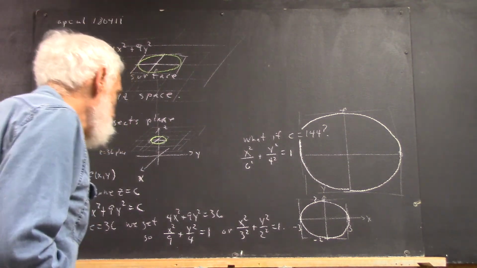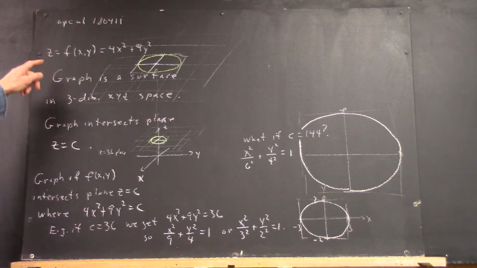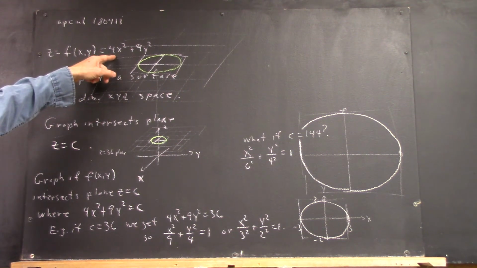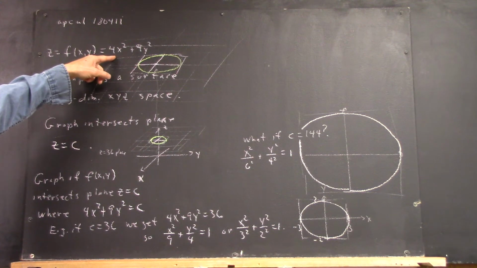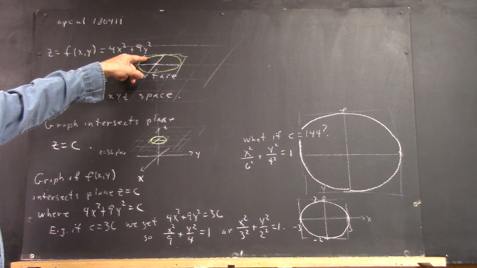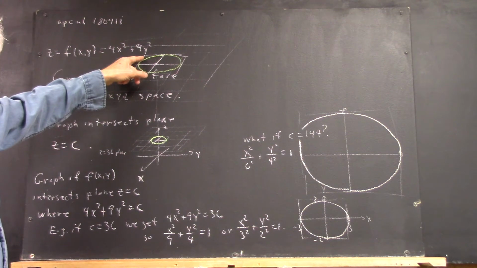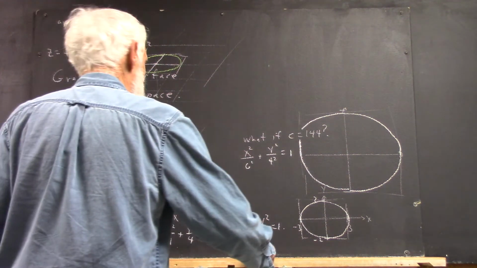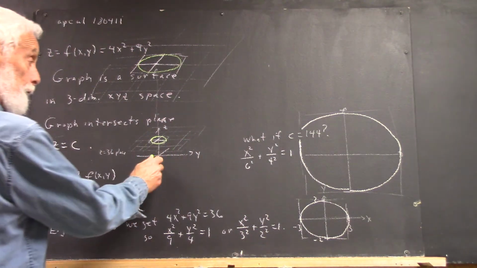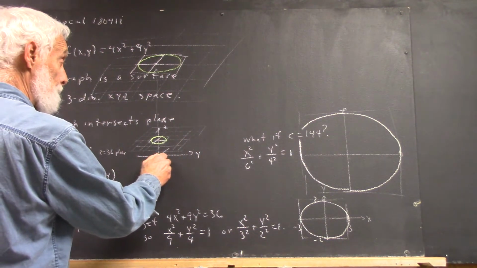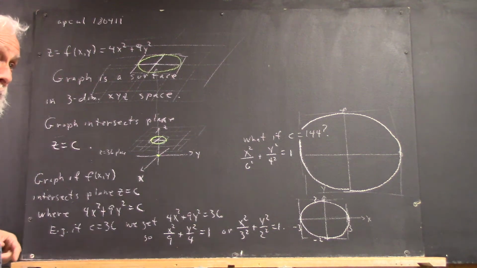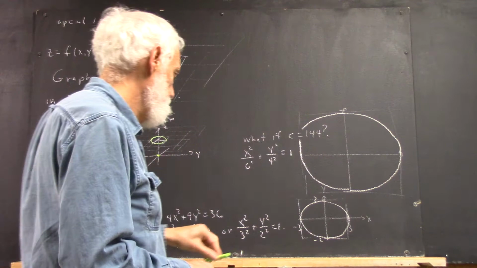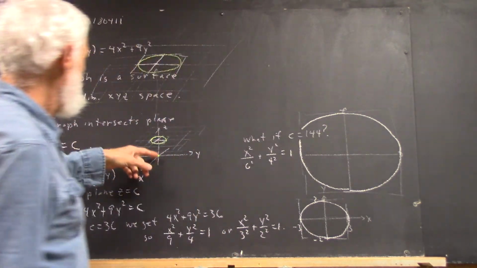The other thing we can say is if z is equal to 0, then, well, this can't be negative, this can't be negative, right? So they've got to both be 0. So x and y have to be 0. So the only intersection of the graph down here in the XY plane is the origin. Okay? So we're beginning to get a picture.